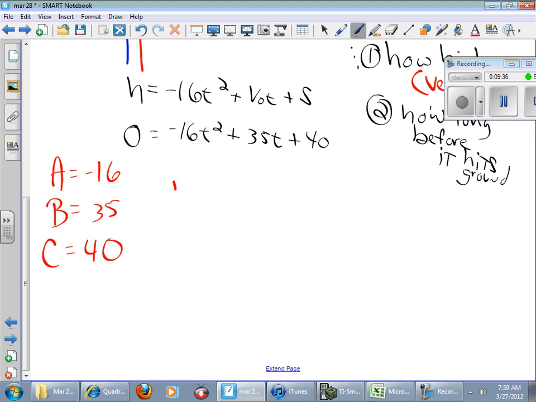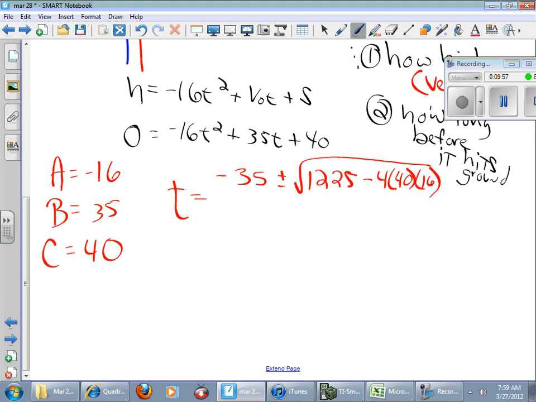All right, so I'm going to do t equals negative b plus or minus square root. I know 35 times 35 is 1,225. That little trick I do about things ending in 5. Okay, minus 4 times 40 times 16. And let me see here. I'm going to put that all over negative 32.